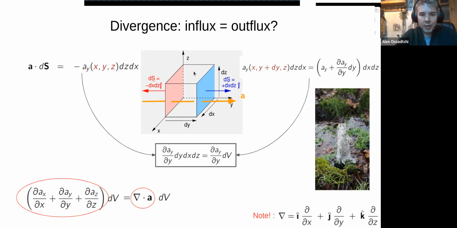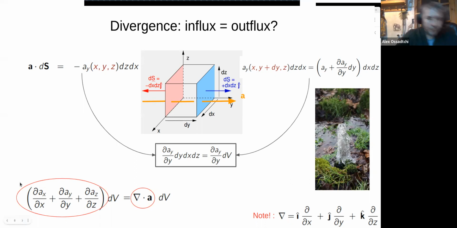If there are no sources or sinks inside, the amount of water that flows in has to be equal to the amount that flows out. We compared these two quantities, subtracted, and found a quantity that measures the amount of new stuff that appeared inside this elementary volume. And that's the divergence.